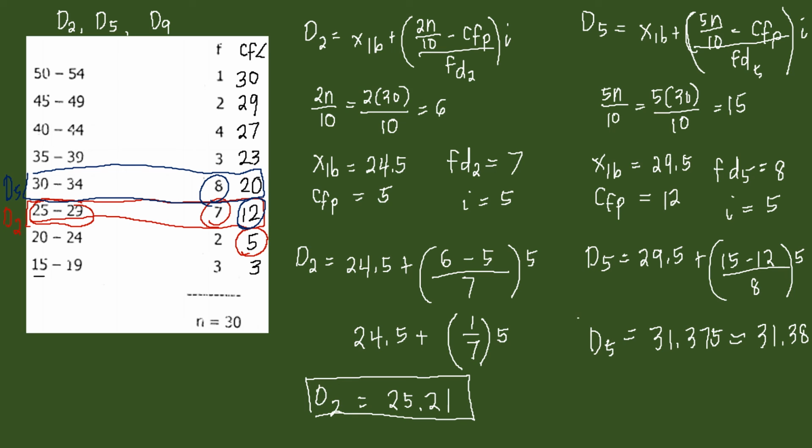Again, check: is this a score in the D5 class? We have 30 to 34 and our answer is 31.38. So yes. Now, can you try solving for D sub 9, or decile 9?